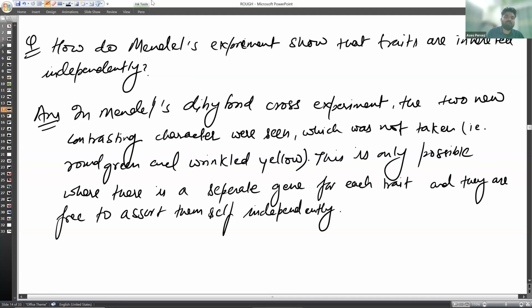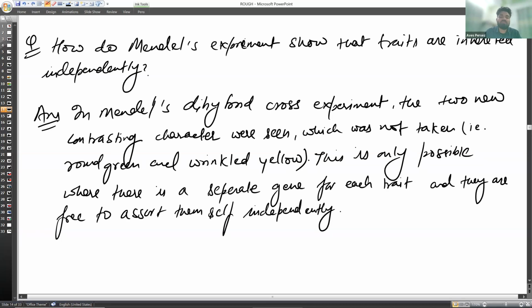Note it down: in Mendel's dihybrid cross experiment, two new recombinant characters were seen which were not taken, i.e. round green and wrinkled yellow. We had taken round yellow and wrinkled green, but the two new recombinant characters were observed.